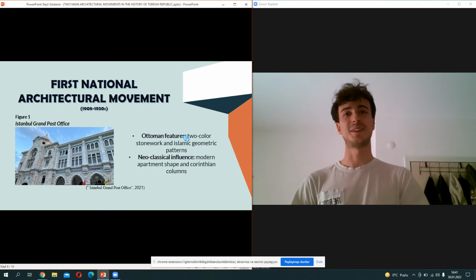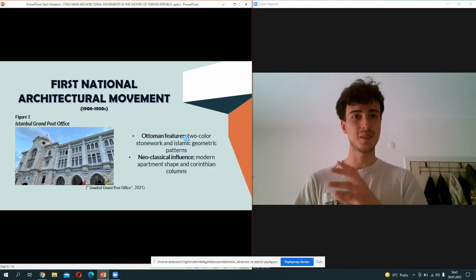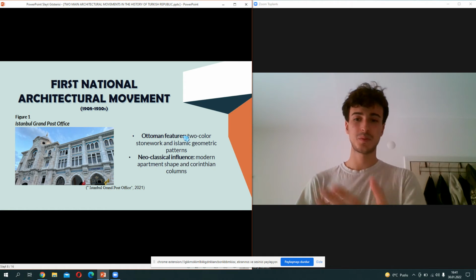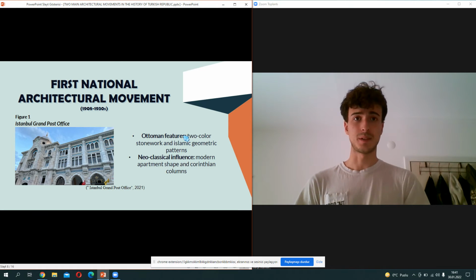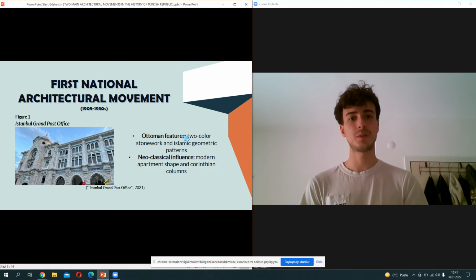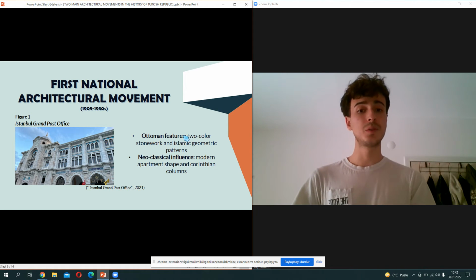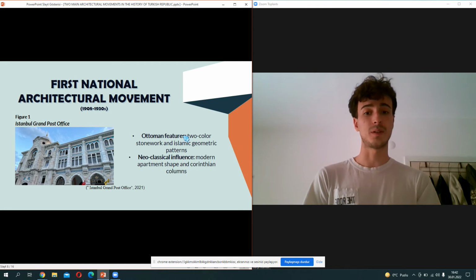Now, to understand it better, we will analyze an iconic building which is one of the most important structures of this movement. Here is Figure 1, the Istanbul Grand Post Office. While analyzing it, we will make use of the architectural interpretation of Yıldırım Yavuz. According to him, Ottoman features were used in this building, such as two-color stonework and Islamic geometric patterns.